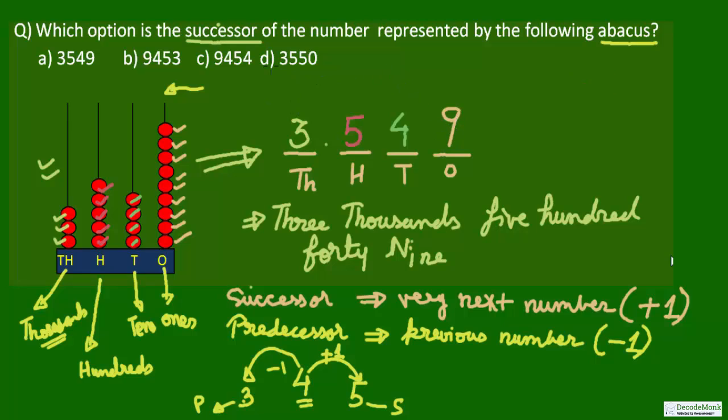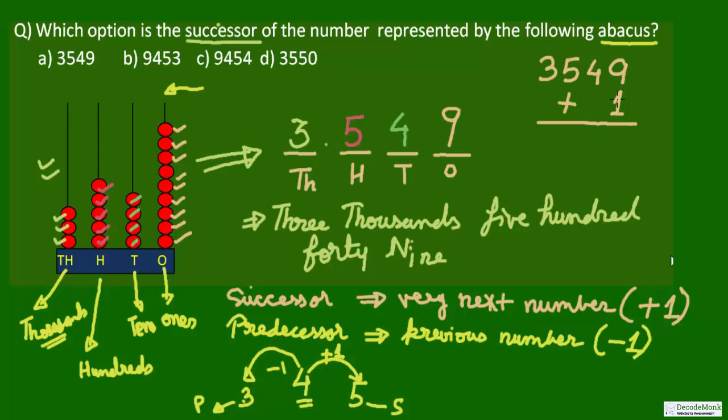It is asking for the successor of the number represented by the following abacus. So the abacus is representing 3549 and we need to find the successor of 3549. So we have to add 1 to that number, and very easily you can also figure out the very next number of 3549.